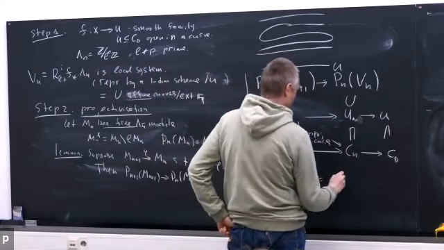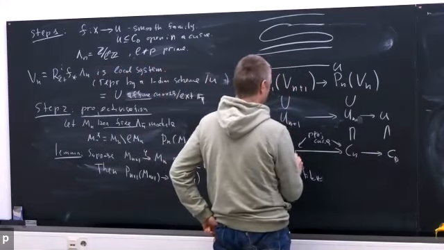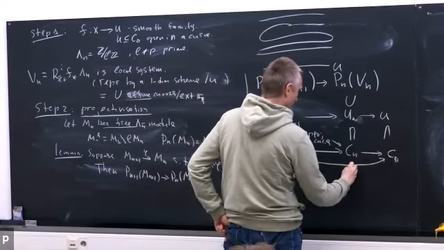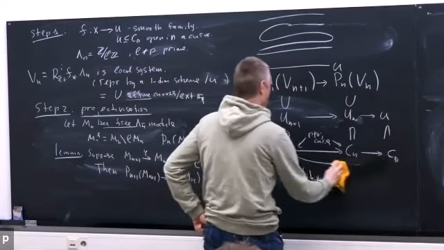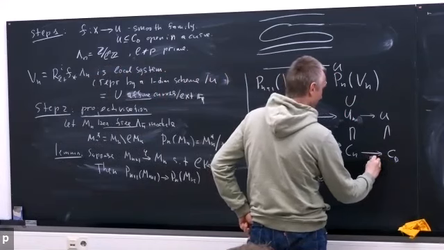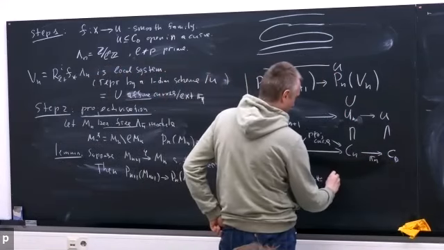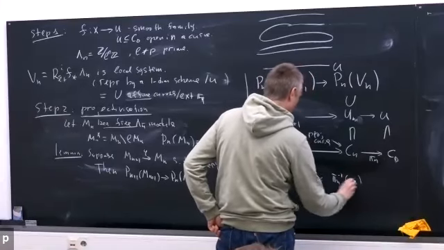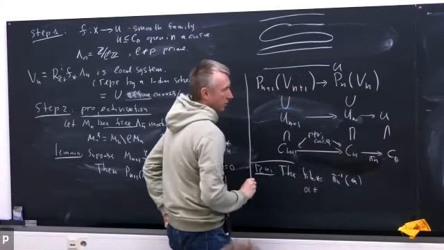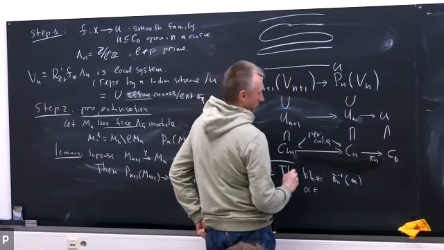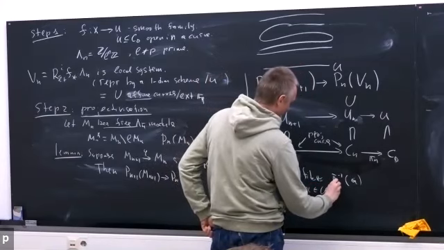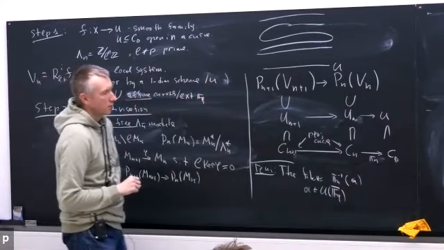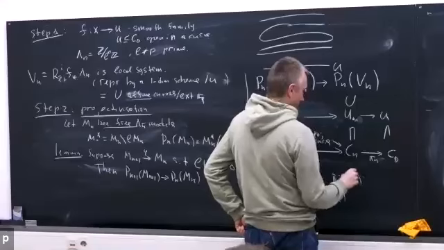So the pre-image, this is pi m, so pi m minus 1 of some point A, where A is a geometric point on U.